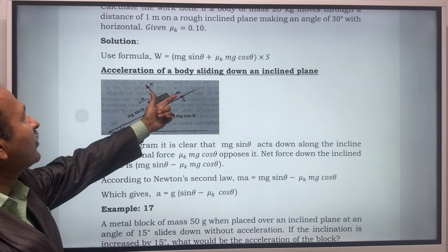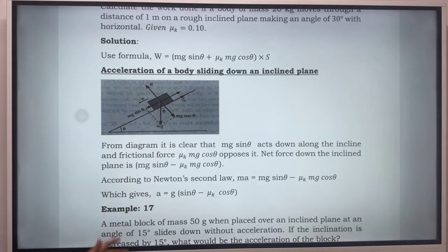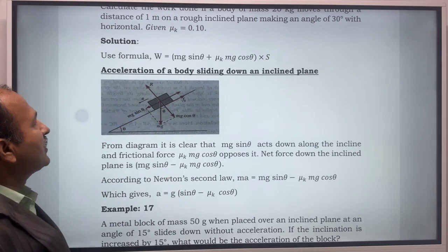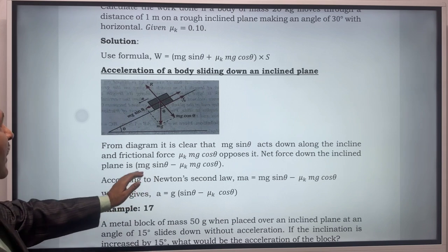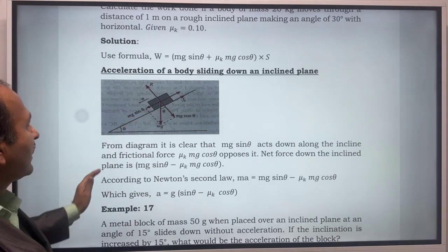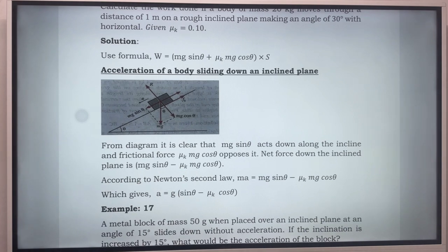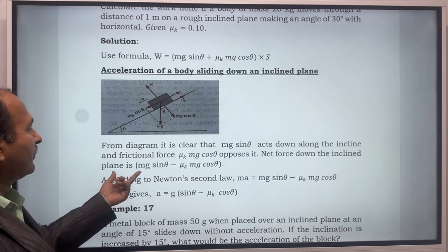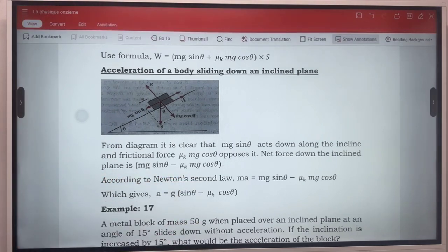So mg sin theta will be opposed by frictional force. So net force will be mg sin theta minus friction, and you know that frictional force when the body is on an incline will be mu mg cos theta. So you can say the force acting on the body which is taking it down is mg sin theta minus mu k mg cos theta. Now to find acceleration, you can divide it by mass. So you will get g sin theta minus mu k g cos theta.